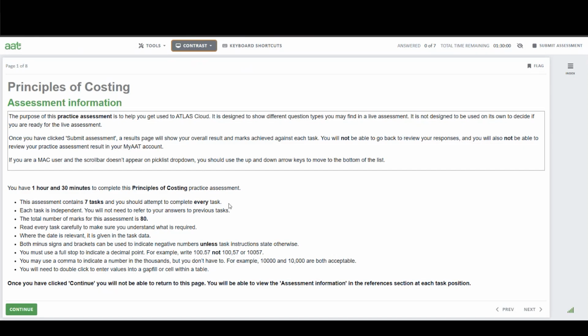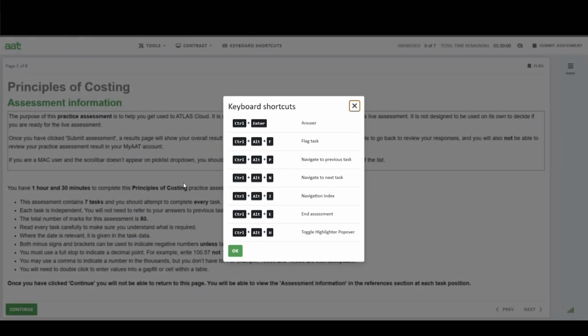You don't want to be messing around with the contrast on the day of your exam. So find what works for you in the practice environment, and then obviously you can set that up in the exam itself. There are some keyboard shortcuts here. I don't use them. I confess I find it more difficult to navigate using the shortcuts than I do using the arrow keys or the index. So I don't tend to use that. But if you want to use that, then again, familiarise yourself with that beforehand.